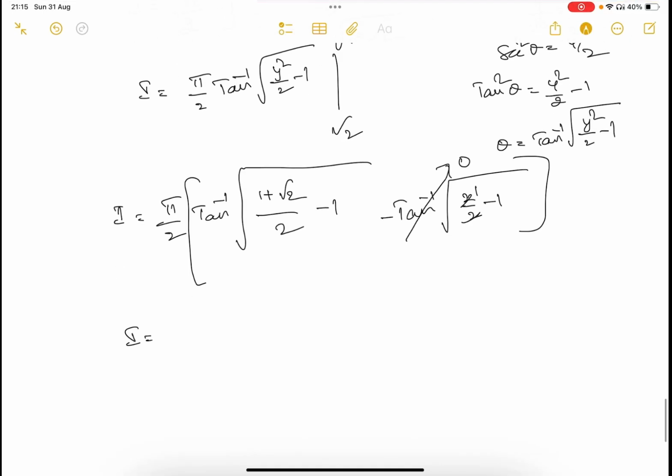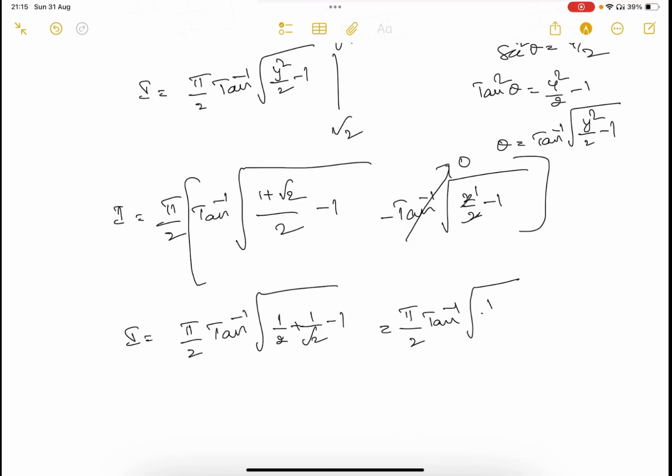Then I equal to pi by 2 into tan inverse of root of 1 by 2 plus 1 by root 2 minus 1, which can be written as pi by 2 into tan inverse of root of 1 by root 2 minus 1.